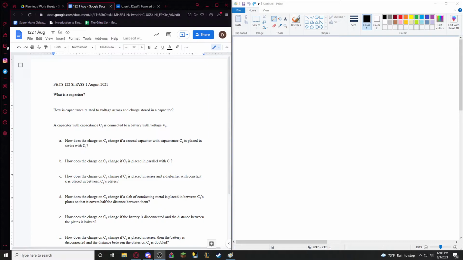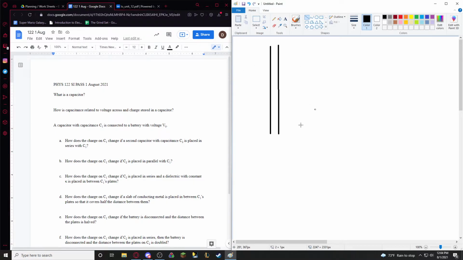Describe it to me. What does it look like? Well, two plates that look like a sandwich in a way, just without anything in the middle. Would you say the plates are parallel to one another, or perpendicular? Parallel, like I said, a sandwich. It's like a Klondike bar.